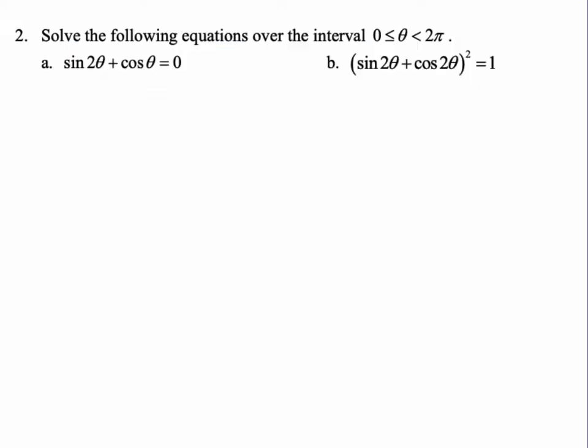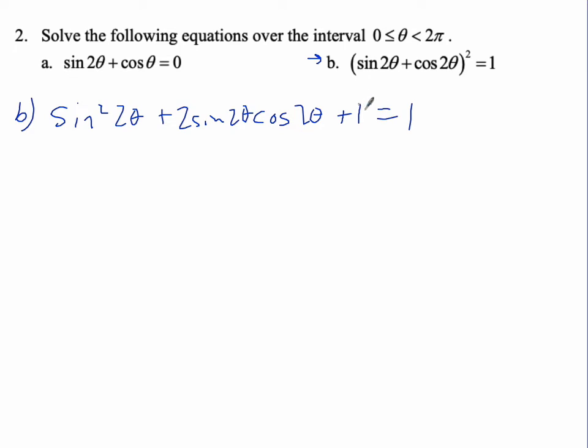Okay, next we're going to look at part B here. You might be tempted to use double angle identities right away, but it's much easier to actually square it, and you get sine squared 2 theta plus 2 sine 2 theta cosine 2 theta plus cosine squared 2 theta equals 1.